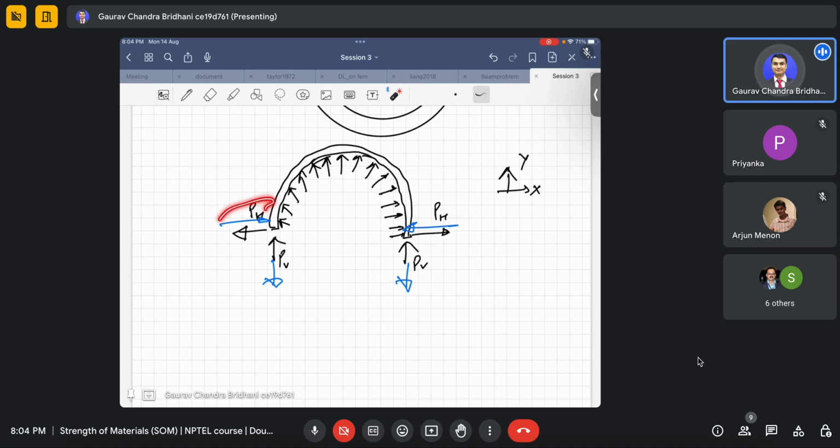So that's why we don't need to consider this, we need to consider this, because this will cause the stress in this material, and that's how we find the stress in the material using this force. You understood? Because we are finding that the reaction is coming equal and opposite.